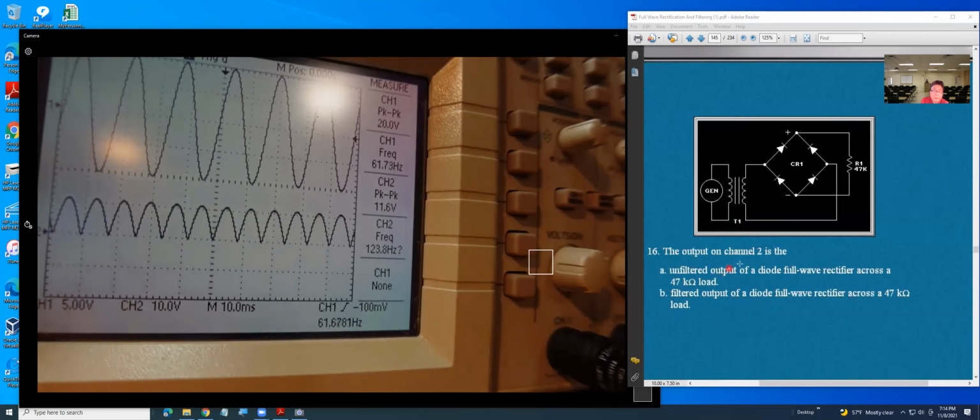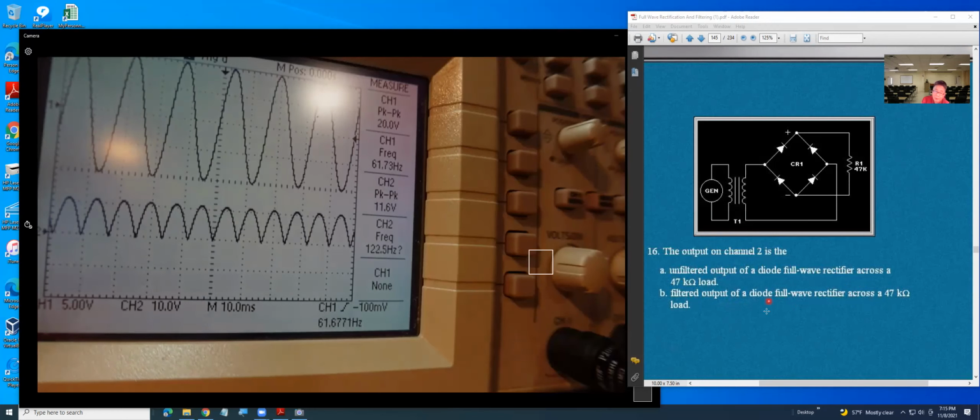And the output on channel 2: unfiltered output of diode full wave across 47 kΩ. Filter output of a diode full wave.